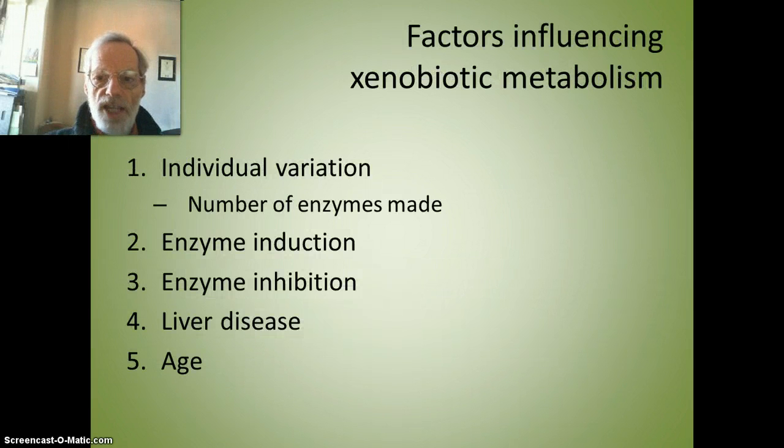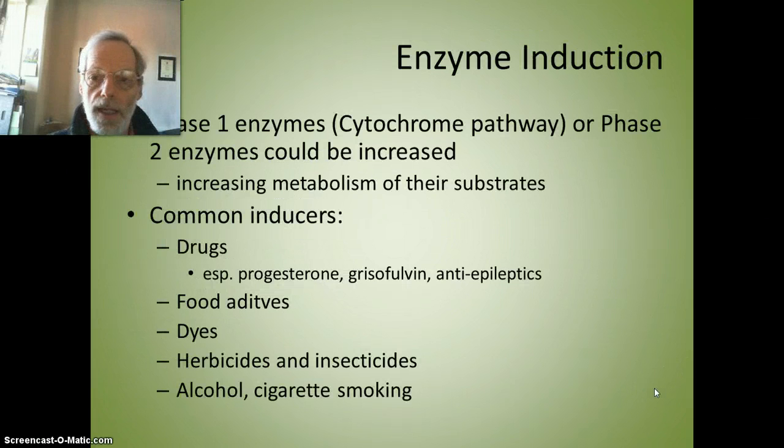So taking phase 1 and phase 2 as a whole, certain factors can influence its rate and efficiency, not least the individual variation in the number of enzymes made. Induction of xenobiotic metabolism will increase the clearance rate of their substrates.